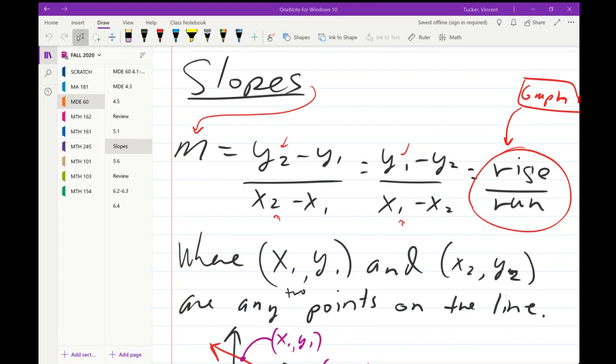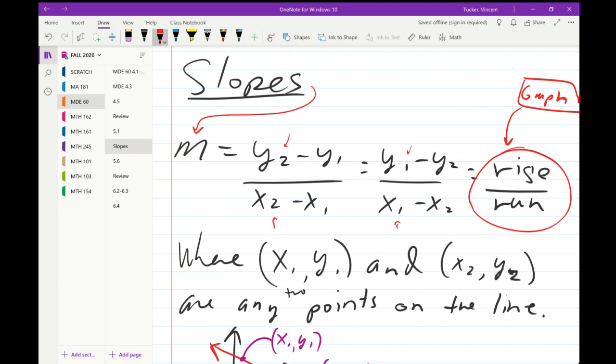Your slopes will be represented by m, and that'll be y2 minus y1 over x2 minus x1. Or you can do y1 minus y2 over x1 minus x2. You just have to make sure that you stay consistent. So in other words, if you use y2 first on top, use x2 first on bottom. Or if you decide to use y1 first on top, you use x1 first on bottom.